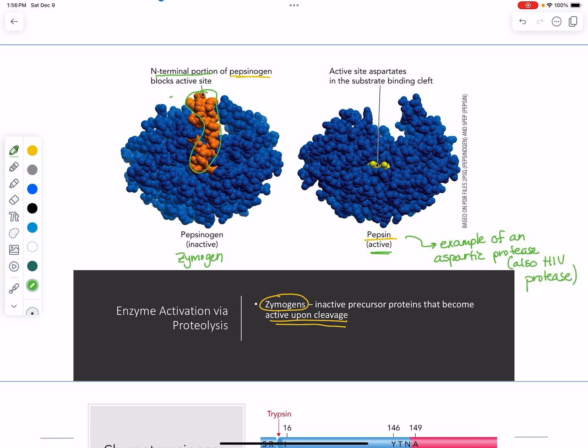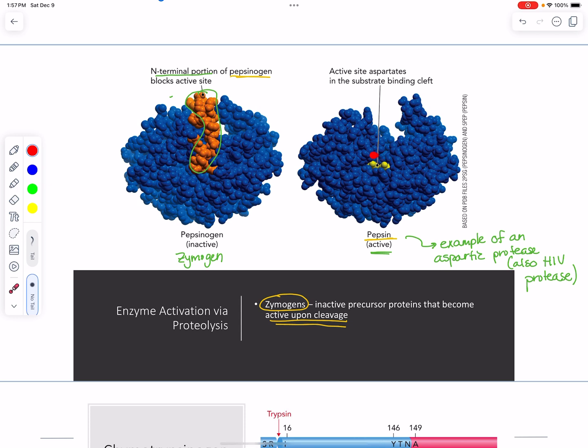We've talked about HIV protease before, because the HIV virus produces these long proteins that need to be cleaved at certain spots to produce the active forms of its proteins, right?